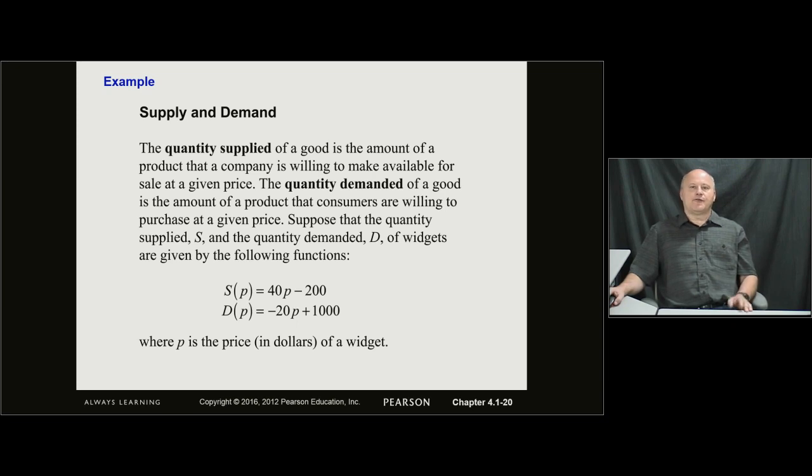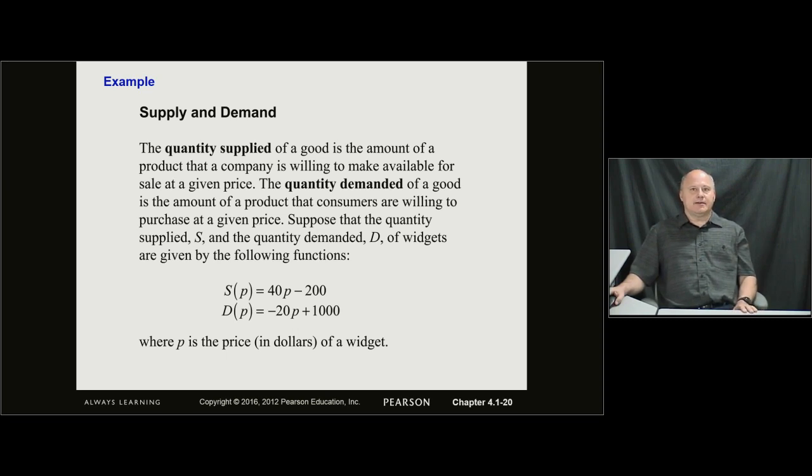So for example, if you set the price at, let's say, $10, then the company is willing to sell 40 times 10 minus 200, which is 200 items. So they're willing to make available 200 items.